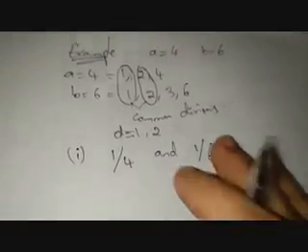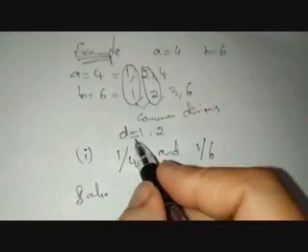So d, which is equal to 1, divides 4 and it divides 6, right? Also, what is another value for d? 2. 2 divides 4 and 2 divides 6.